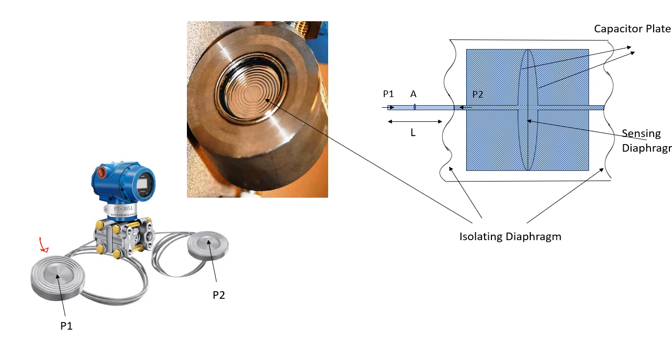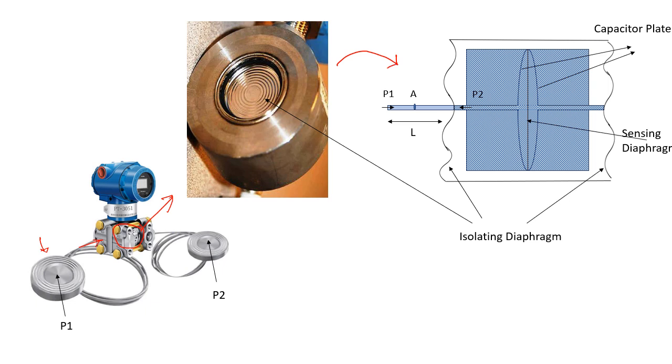These are the external diaphragms, which are directly connected to the process, and the pressure is exerted on the external diaphragm. It gets transmitted through the capillary tube and falls on the isolating diaphragm. So this is the inner portion picture here, and this can be further enlarged into this picture.